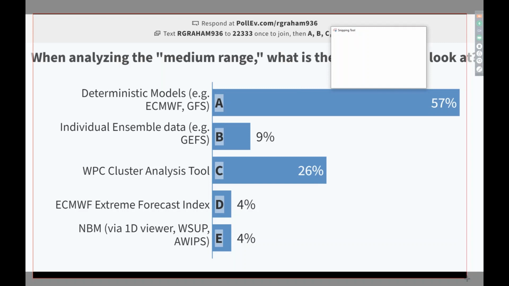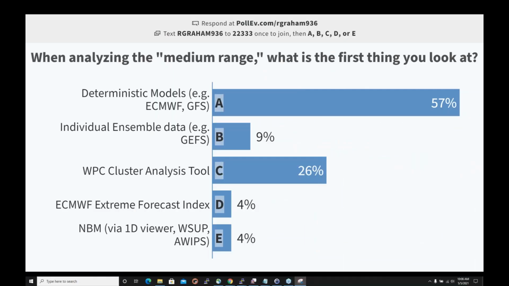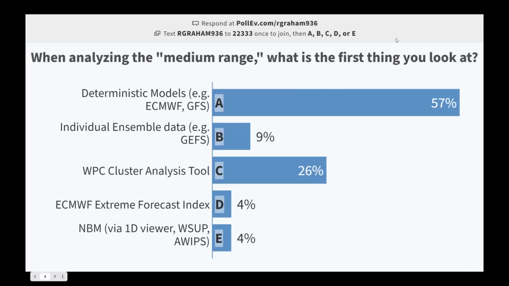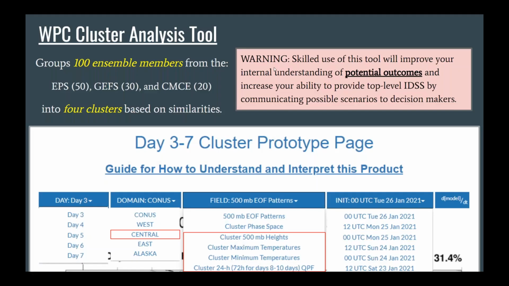So with that, I am going to move on to the next slide here. There we go. So let's take a quick look at some cluster stuff for what's coming up. The cluster analysis tool, as described in some previous presentations here, is a really nice quick way to visualize all the ensemble data that we have available to us.